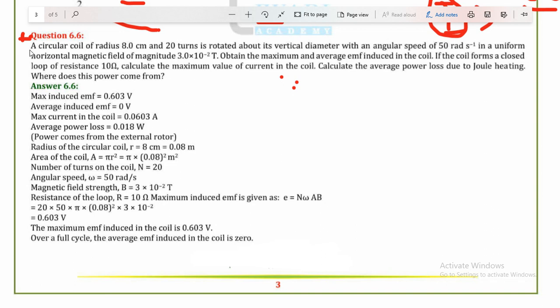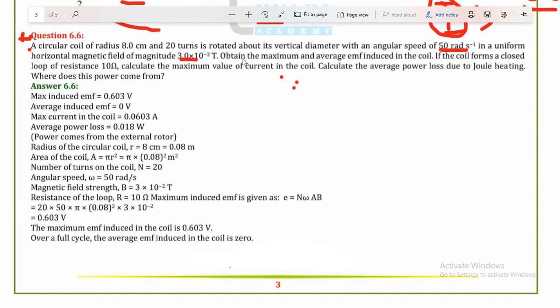A circular coil of radius 8 centimeter and 20 turns is rotated about its vertical diameter with an angular speed of 50 radian per second in a uniform horizontal magnetic field of magnitude 3.0 into 10 to the power minus 2 Tesla.